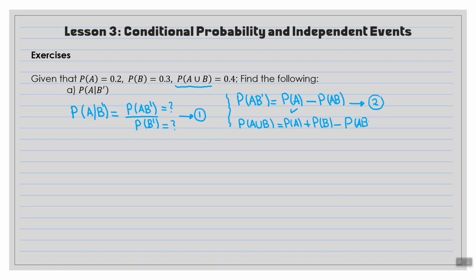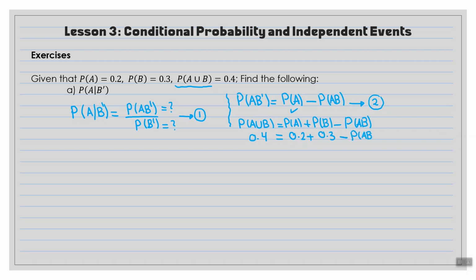The probability of A union B is given to me. It is 0.4. The probability of A is also given to me. It is 0.2, plus the probability of B is 0.3. So the only thing missing is the probability of AB.